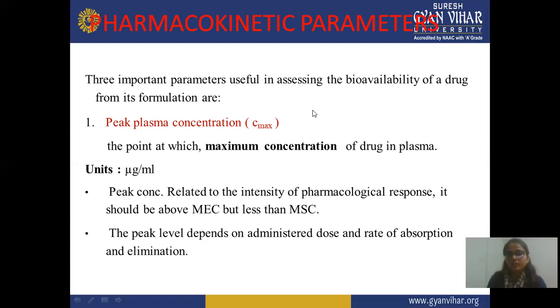It means the maximum amount of drug is present in your plasma at the peak. For example, suppose you take 500 mg and the complete therapeutic effect is produced at a particular point, with the maximum concentration observed in your plasma. That point is known as the peak plasma concentration, and its unit is mg per ml.